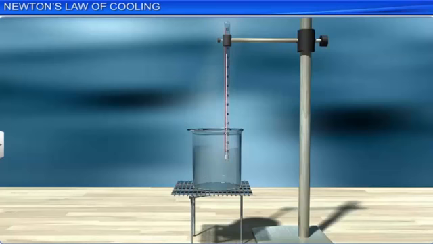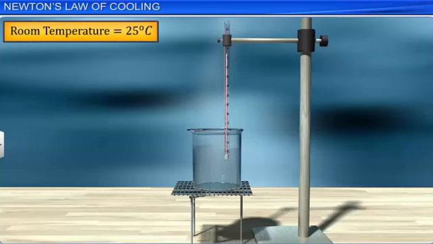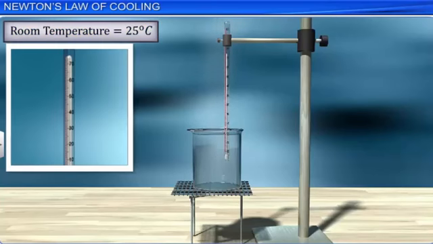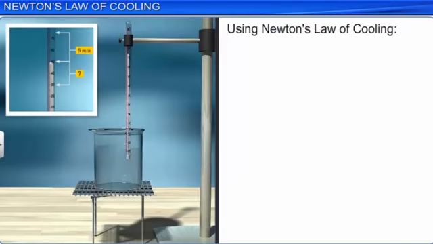For example, if a beaker of hot water placed in surroundings whose temperature is 25 degrees Celsius takes 5 minutes to cool from 75 degrees Celsius to 50 degrees Celsius, how much more time does it take to cool to 30 degrees Celsius? Using Newton's law of cooling, minus delta T2 by delta T is equal to K into T2 minus T1.